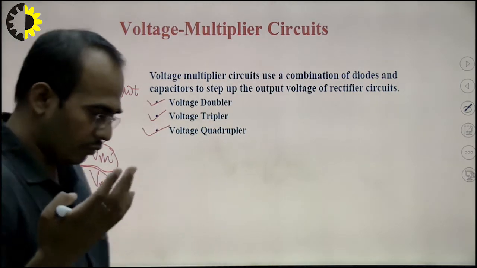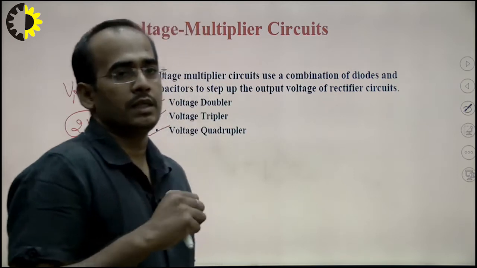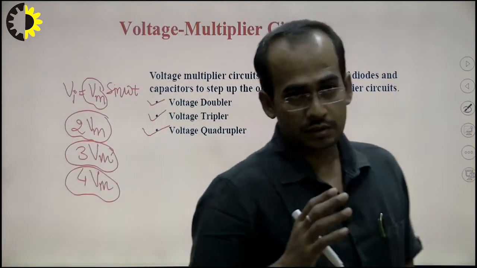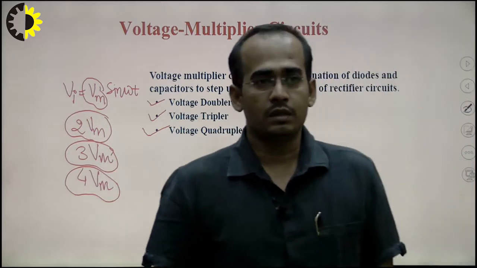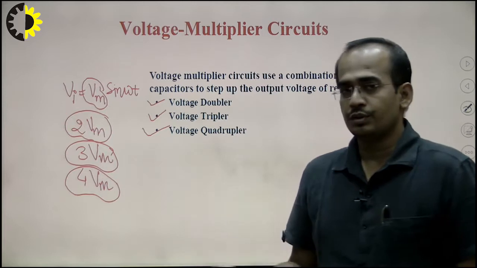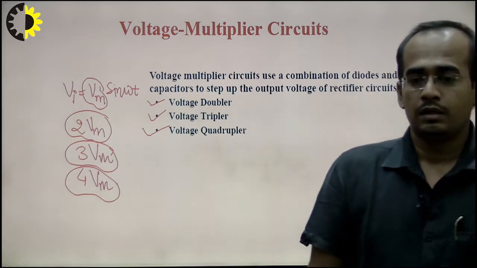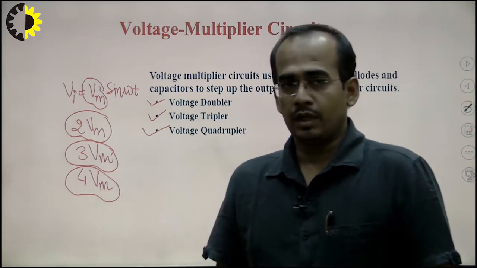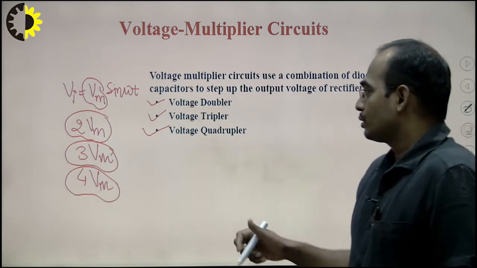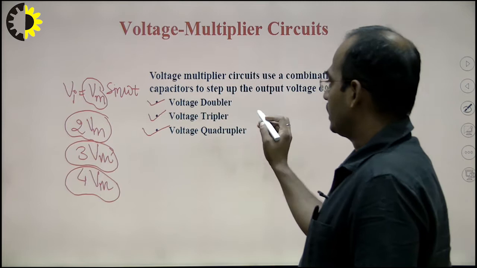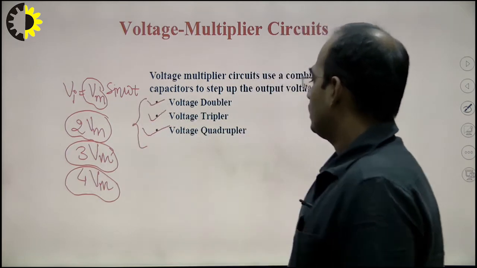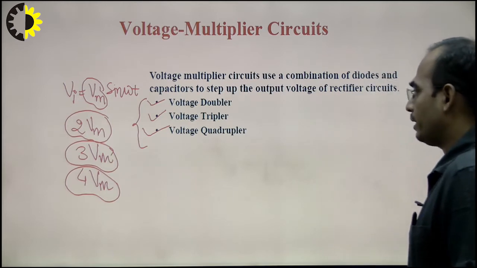So what does a voltage multiplier circuit contain? Basically, a voltage multiplier circuit is a combination of diodes and capacitors which produces an output that is some multiplication of the peak value of the input signal. Basically there are 3 types of voltage multiplier circuit: voltage doubler, voltage tripler and voltage quadrupler.